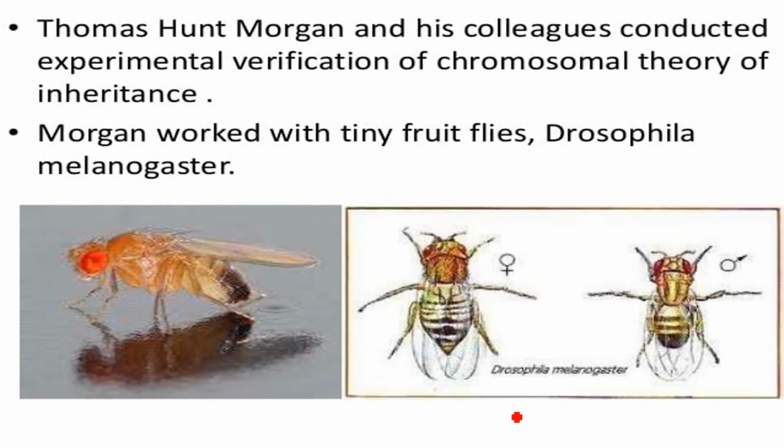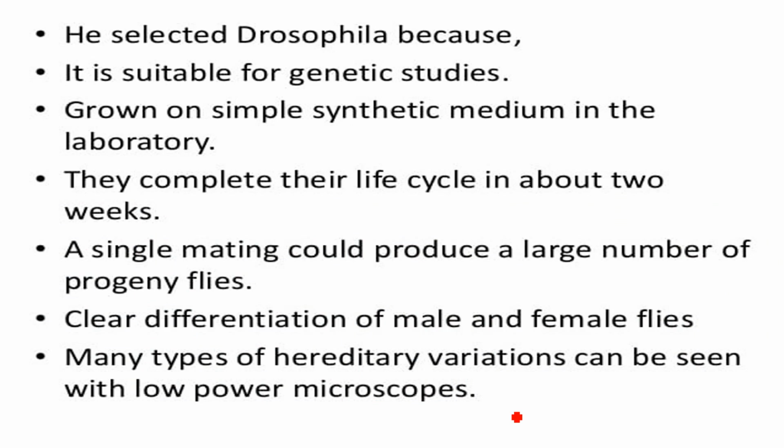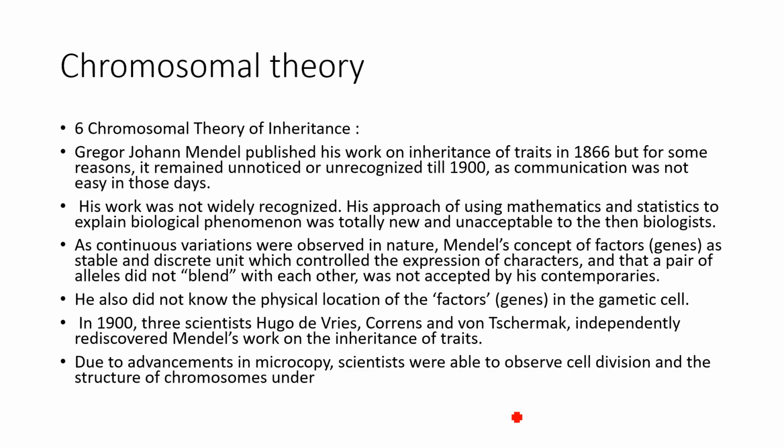Now see here. The chromosomal theory we are first going to discuss was given by Sutton and Boveri. The first explanation of the inheritance of traits was given by Mendel, but at that time his work was not recognized, and later it was rediscovered and termed neo-Mendelism or post-Mendelian genetics.